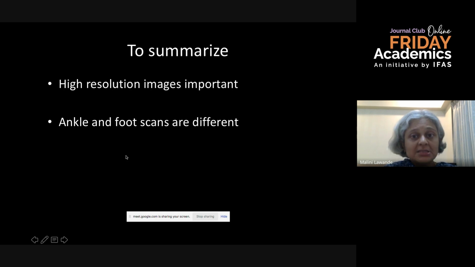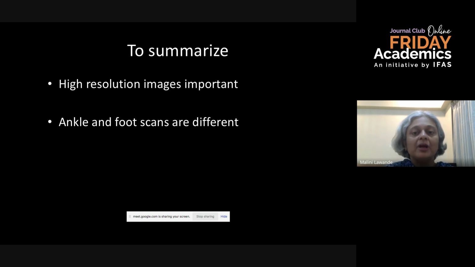So to summarize, I would say that high-resolution images are extremely important. Ankle and foot scans are different, so it would really help us radiologists if you specify what you're looking for, which part of the foot, hindfoot, midfoot, forefoot.